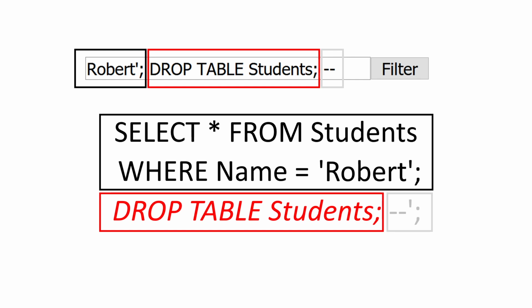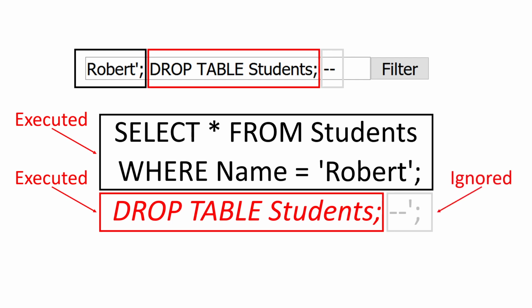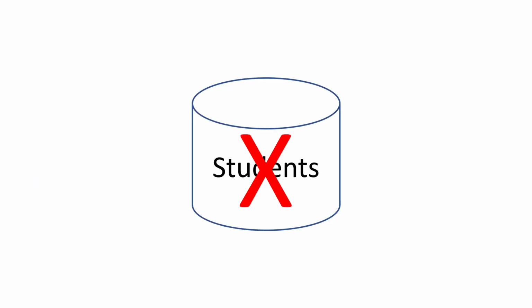So if we take literally what they entered and just do a variable substitution and pass that through to MySQL, MySQL sees a statement that needs to be executed, another statement that needs to be executed, and a group of characters that just gets ignored. What happens if we actually pass this whole string of characters over to MySQL and tell it to run it? Well, the student table disappears. So what does this look like in actual code?